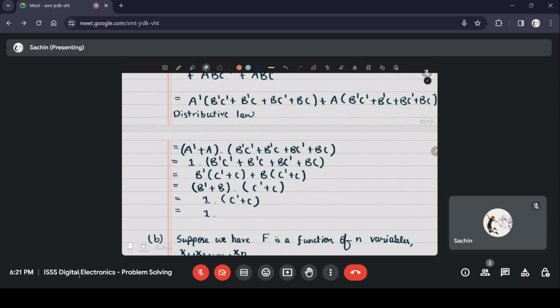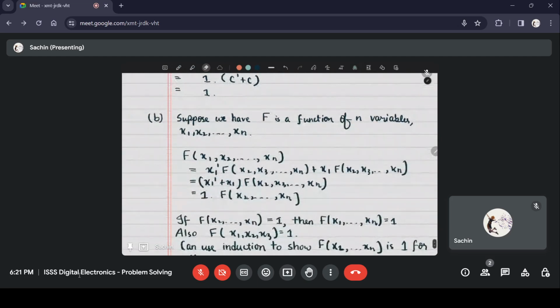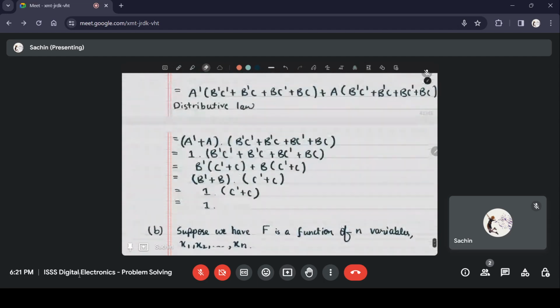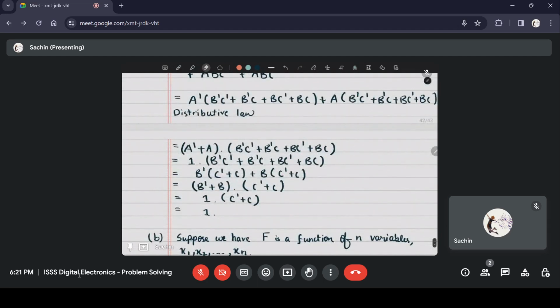So again, if we take the first literal common in half of those terms, then you will be left with the sum of all minterms of 2 variables. So you can keep repeating in this way until you simply get the sum of all minterms in a one variable expression, which will simply be the variable plus the complement of the variable, which is 1.